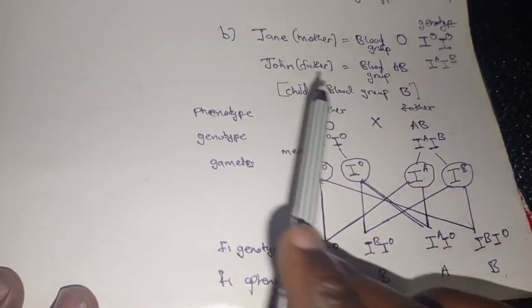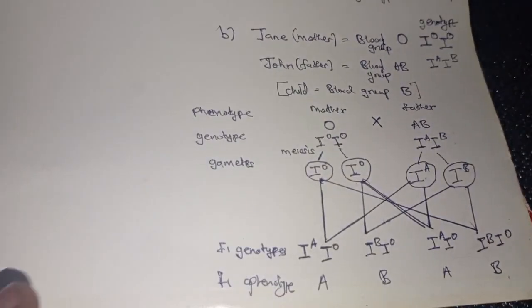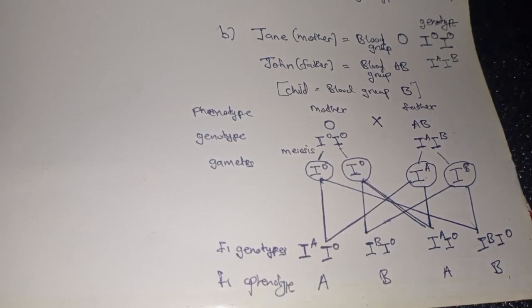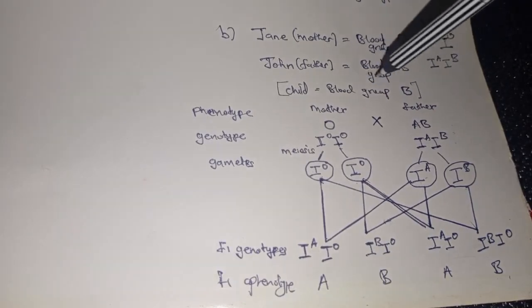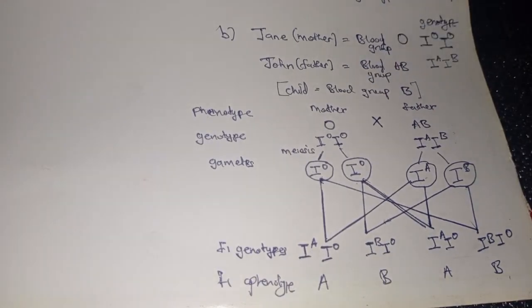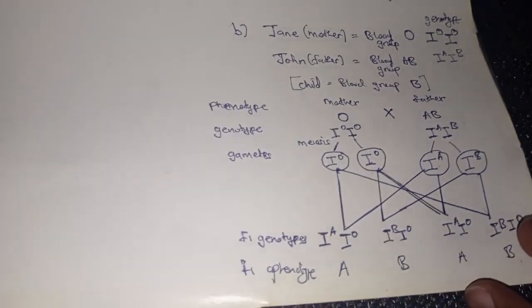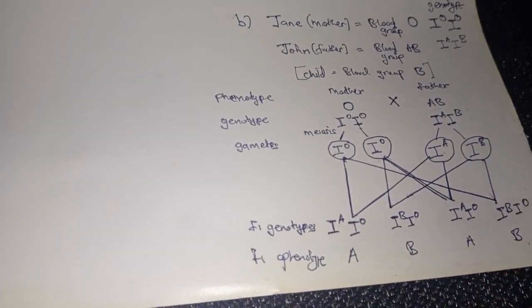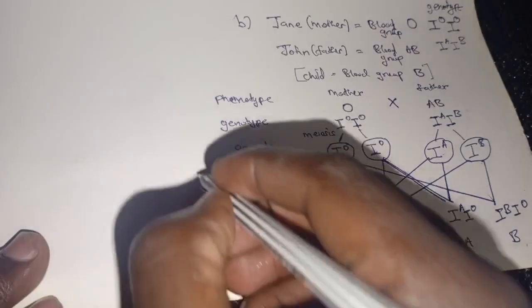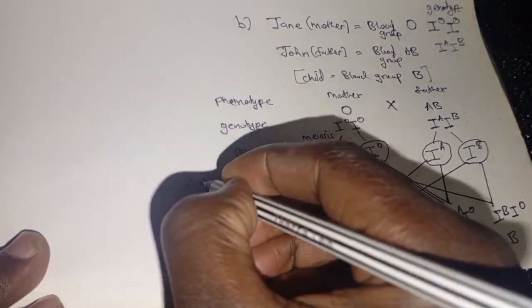So when Jane and John meet together to have a child, they can produce children who are either A or B, and the child has been found with blood group B. So according to the genetic diagram here, it concludes that John could be the father. So this is the use of genetics. It can solve such cases.